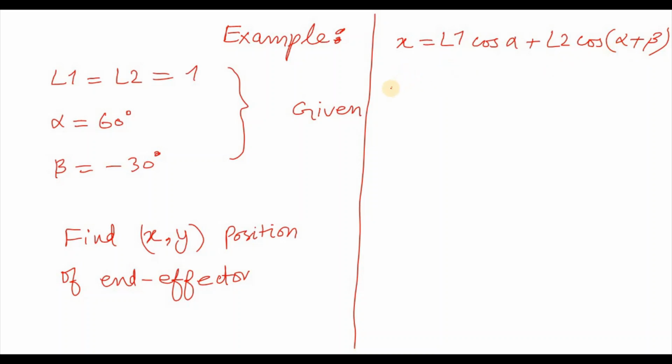So putting the values here, x is equal to 1 cosine of alpha, which is 60 degrees, plus 1 cosine of alpha plus beta, so 60 minus 30.